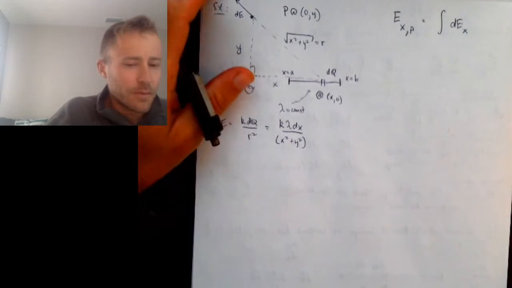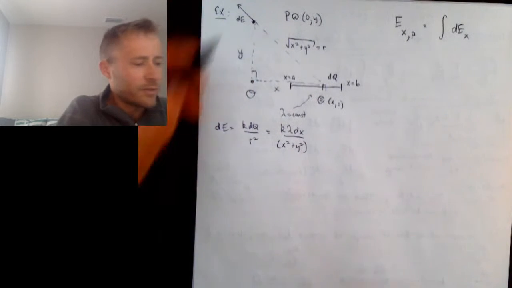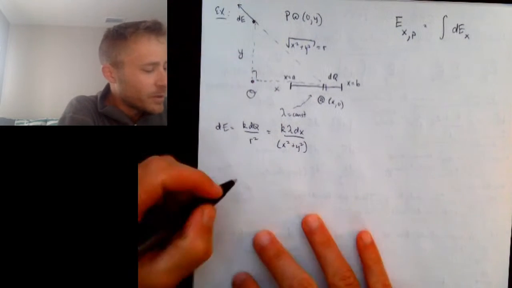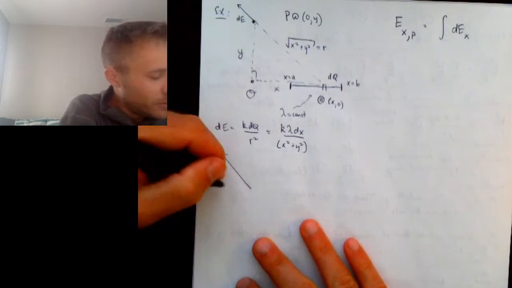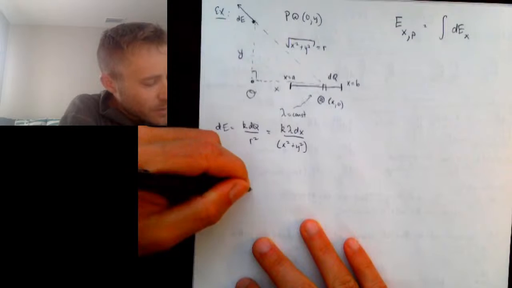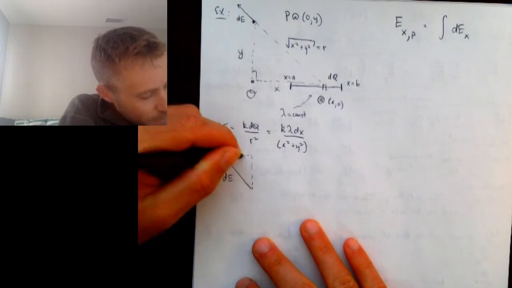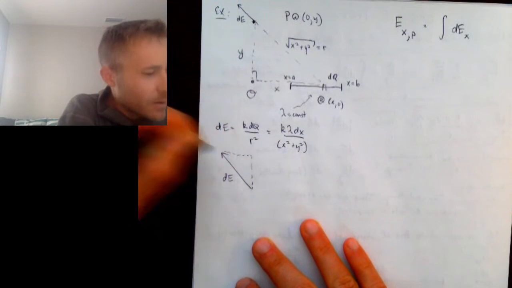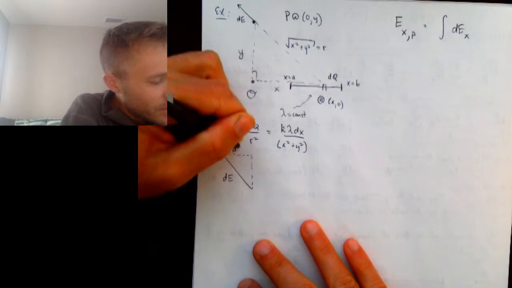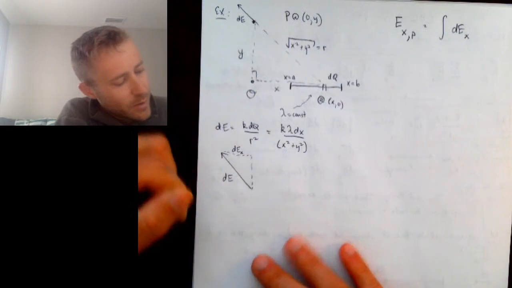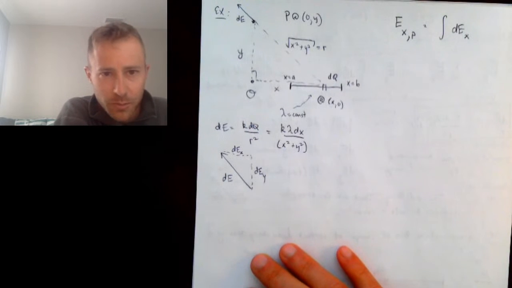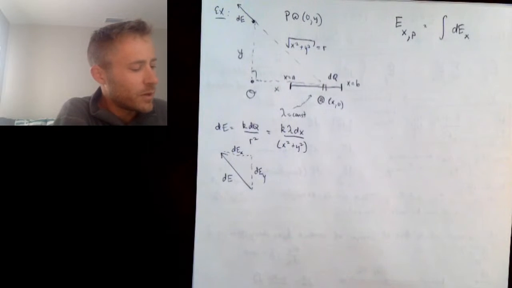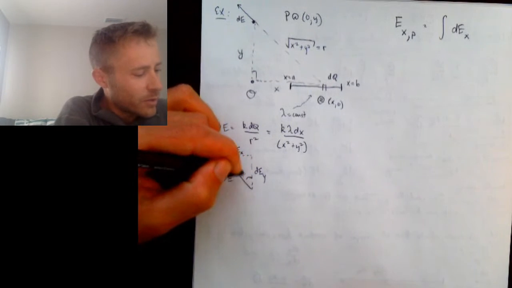Now, I'm going to draw this bigger here. So here's dE. Here's dE sub x and here's dE sub y, the x component and the y component of the infinitesimal electric field. And let's call this angle theta.